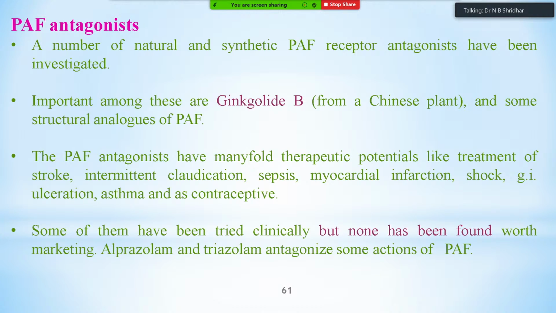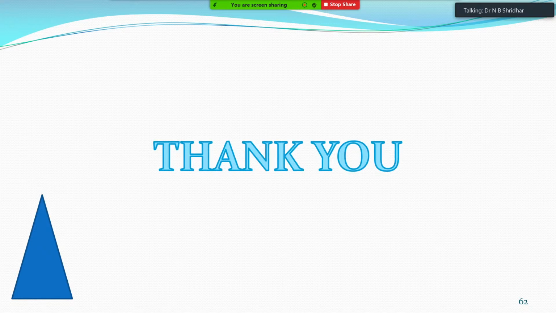All these are going to be blocked by PAF antagonists, and some of them have been tried clinically, but no one has found one worth marketing. And of course, alprazolam and triazolam antagonize some actions of platelet activating factor. That's about the eicosanoids, leukotrienes, and platelet activating factor.